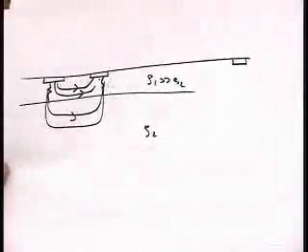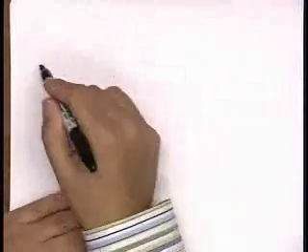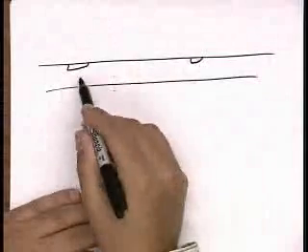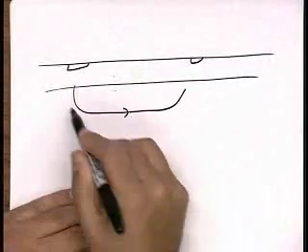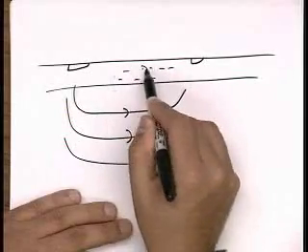The idea is that if I look at this for a non-epi substrate, the problem is the current's flowing deep in the body, right? Not much current is flowing here.